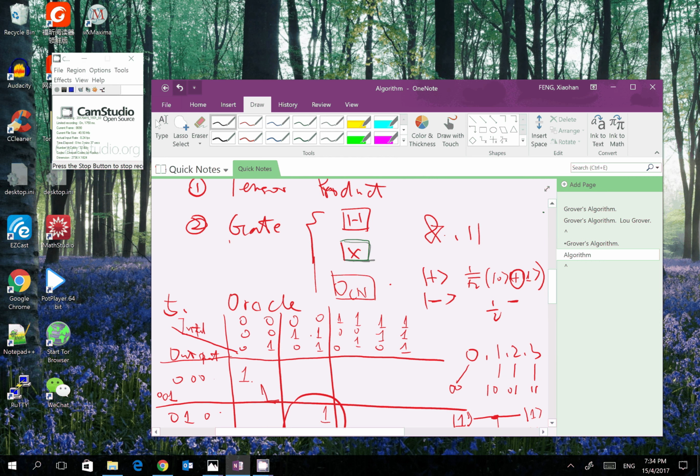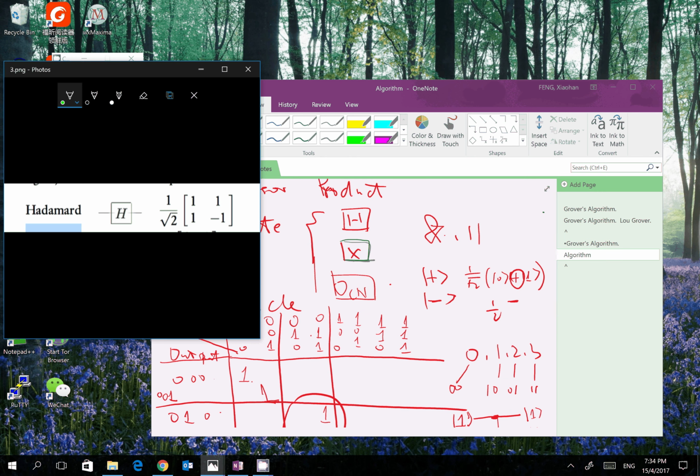So what is a Hadamard gate? Basically, its function is that when it takes the 0 state as input, it will return the plus state as output. When it takes the 1 state as input, it will return the minus state as output.